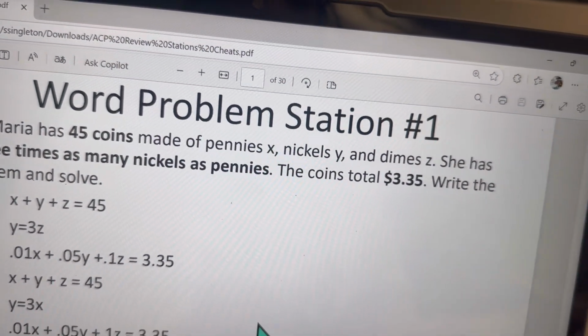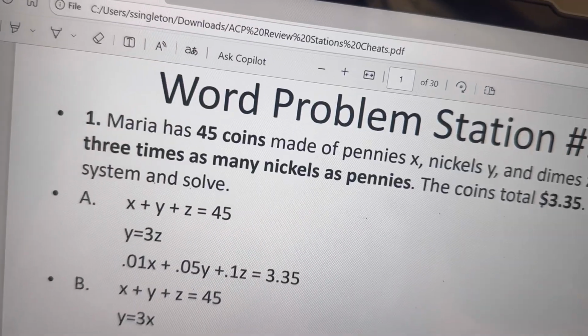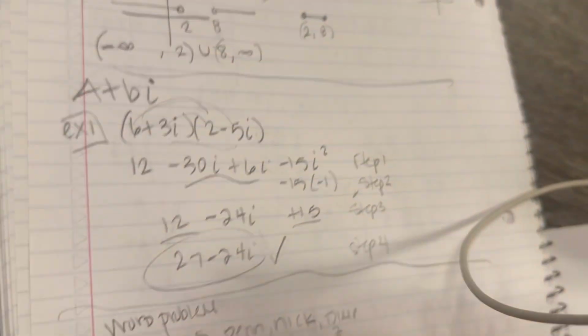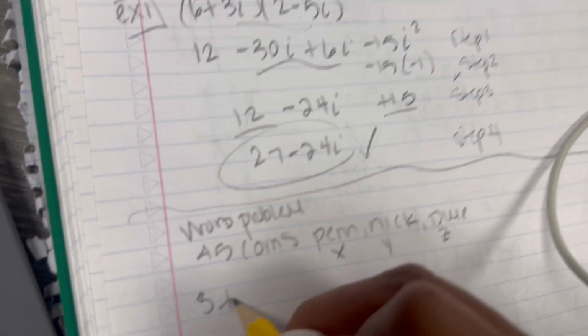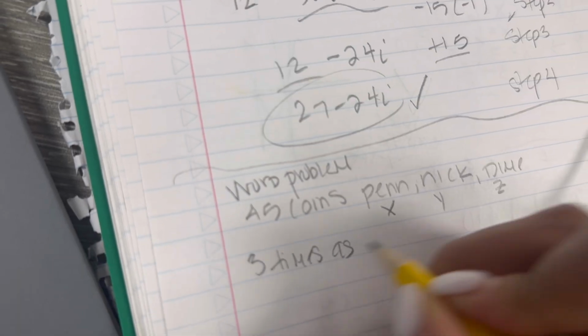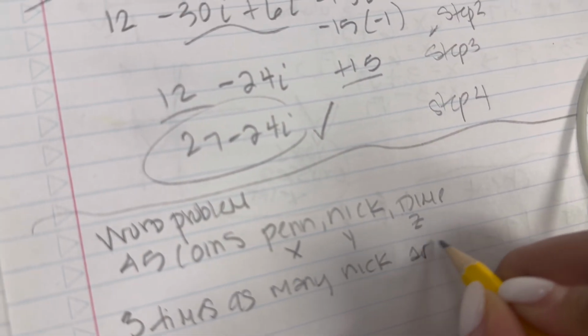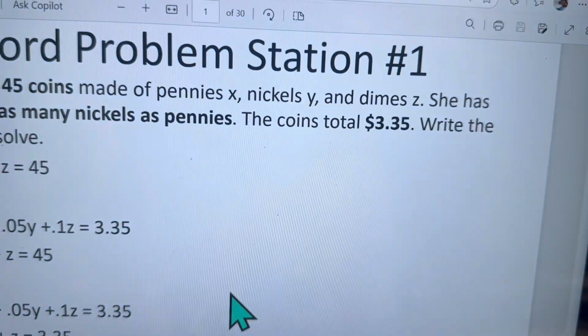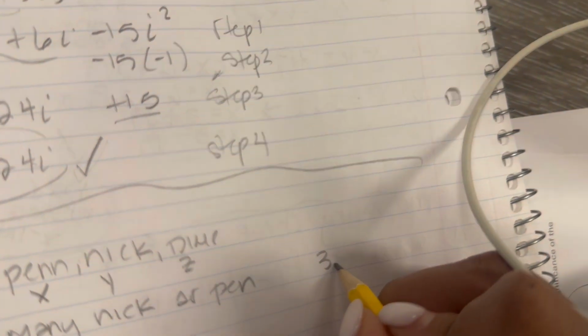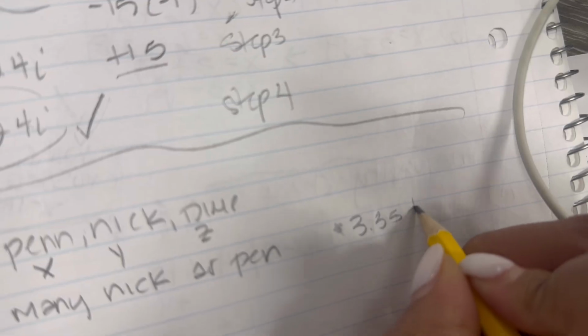Just write the key words. She has 3 times as many nickels as pennies. Write that down. The coins total 3.35. 3.35 is your total.